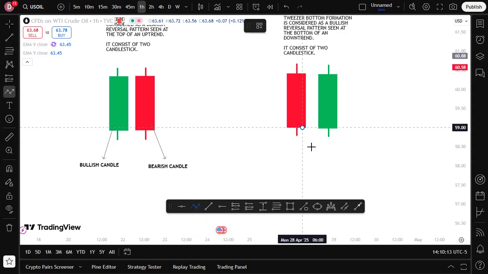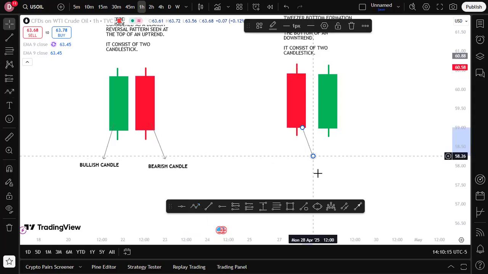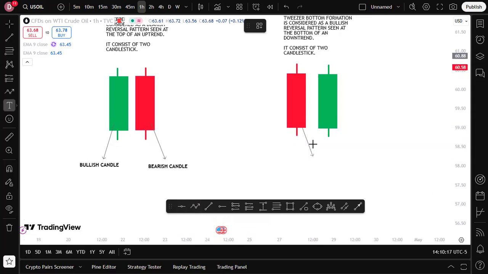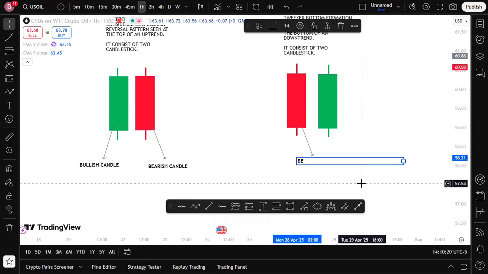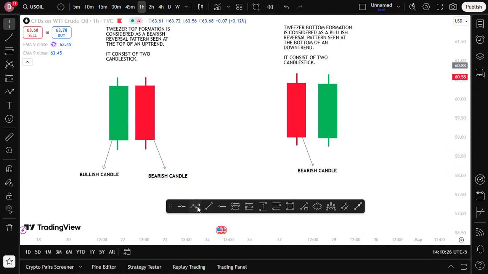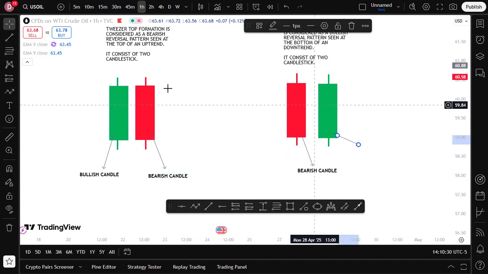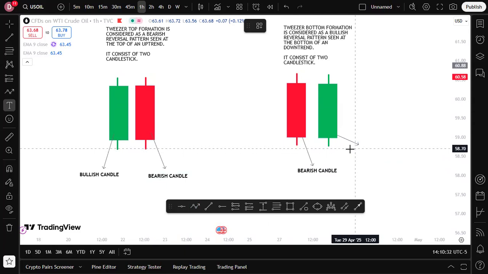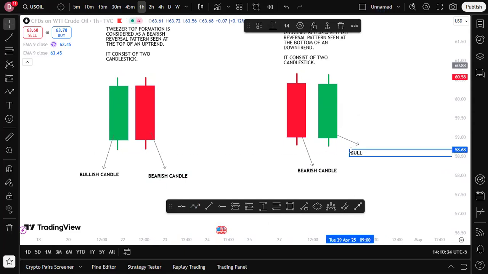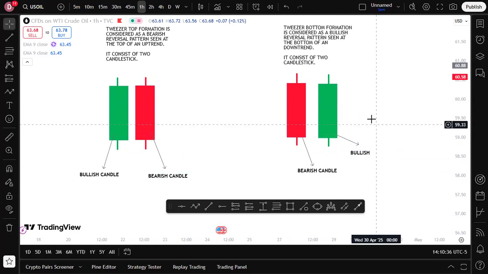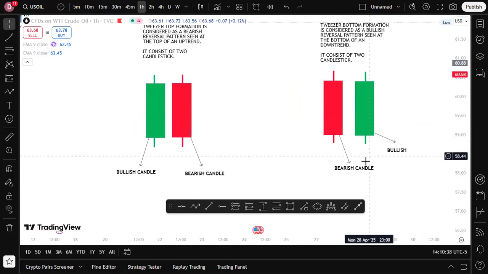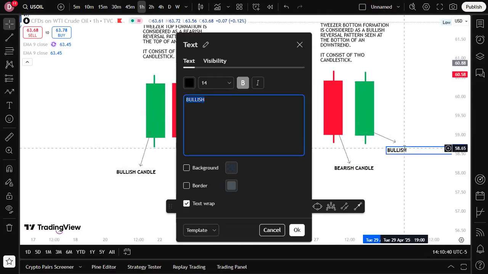For the tweezer bottom, this will be our bearish candle, and this will be the bullish candle.